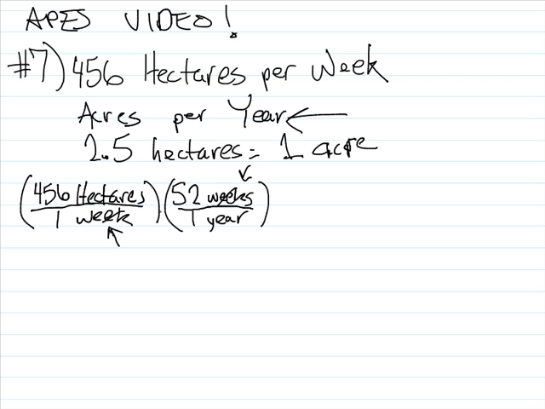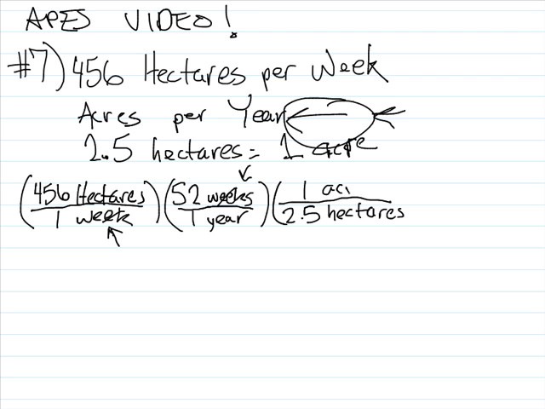So right now we're in hectares per year, but we still want to be in acres per year. So we need to get rid of the hectares. So I'm going to put hectares on the bottom. We know that there's 2.5 hectares in 1 acre. And what allows us just to multiply by these values is that this value that I just put in actually equals 1.